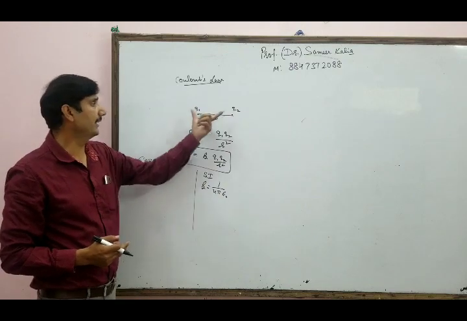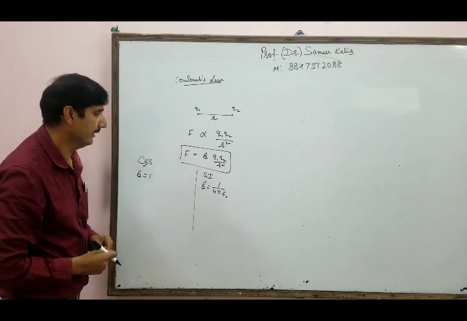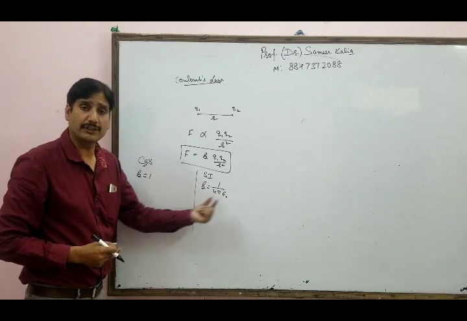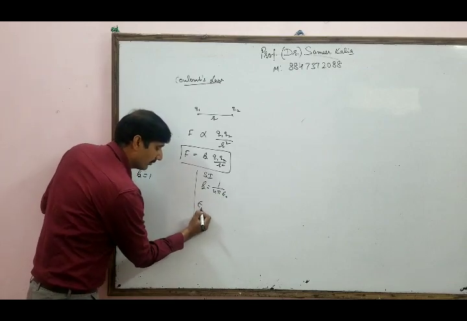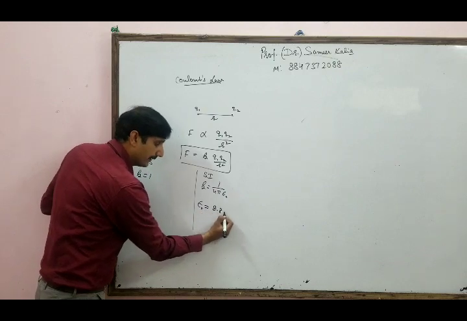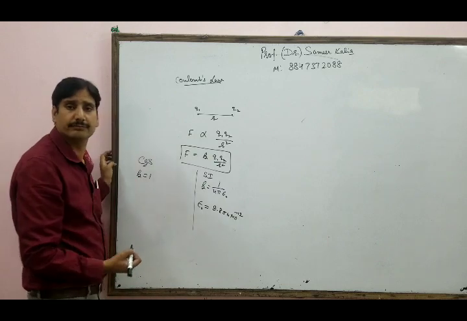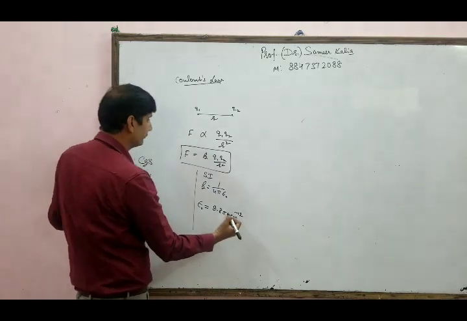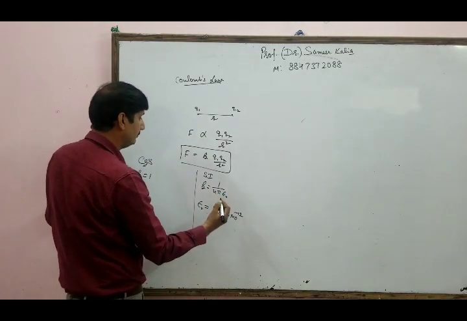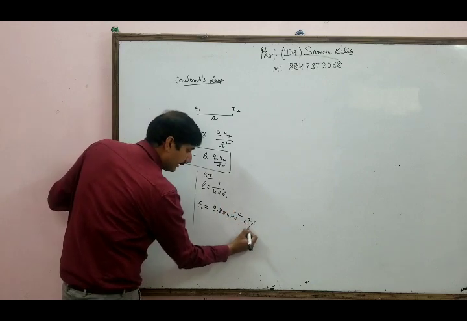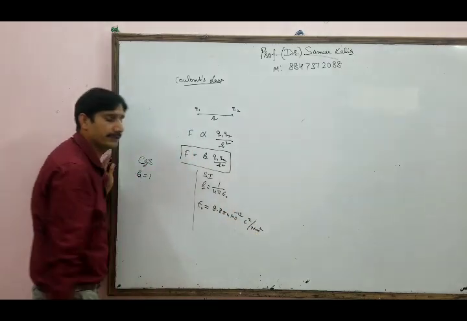This epsilon naught is called the absolute permittivity of free space. We assume that these two charges are lying in vacuum. The value of epsilon naught is 8.854 into 10 raised to the power minus 12 Coulomb square per Newton meter square.